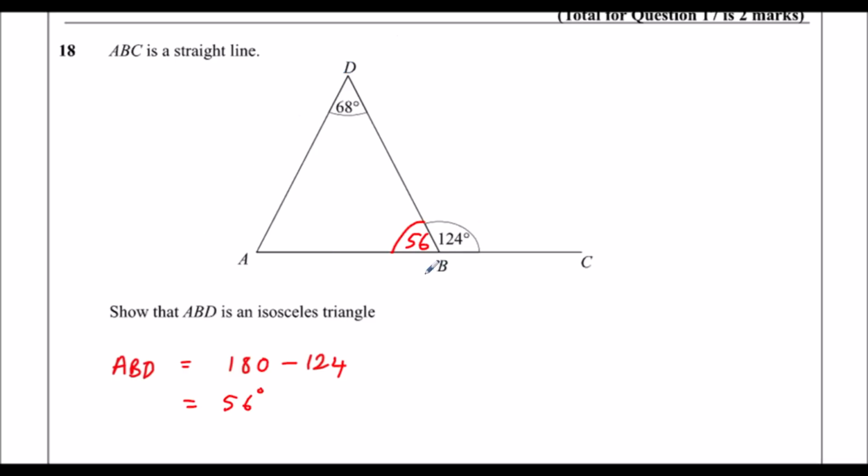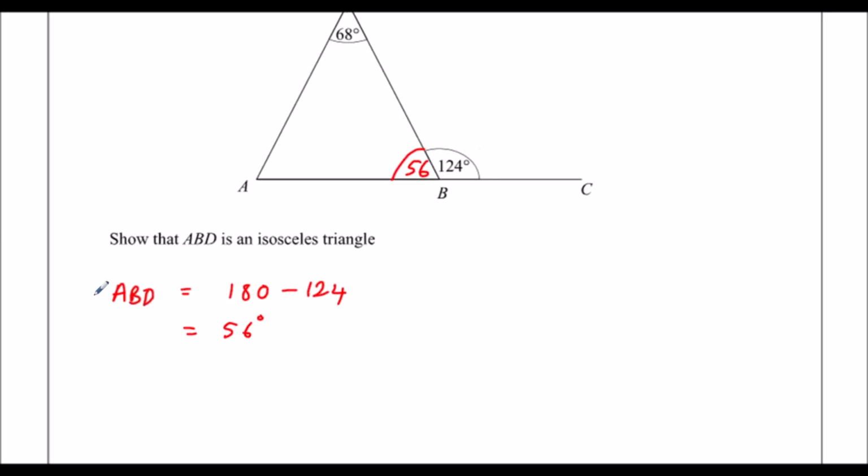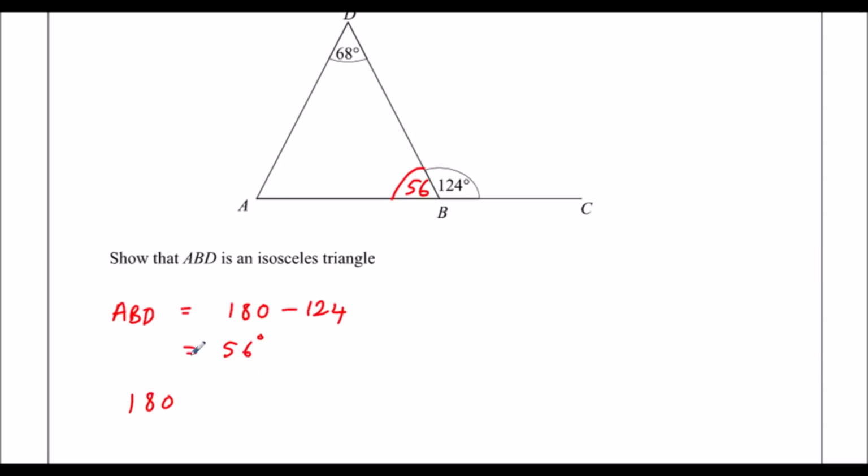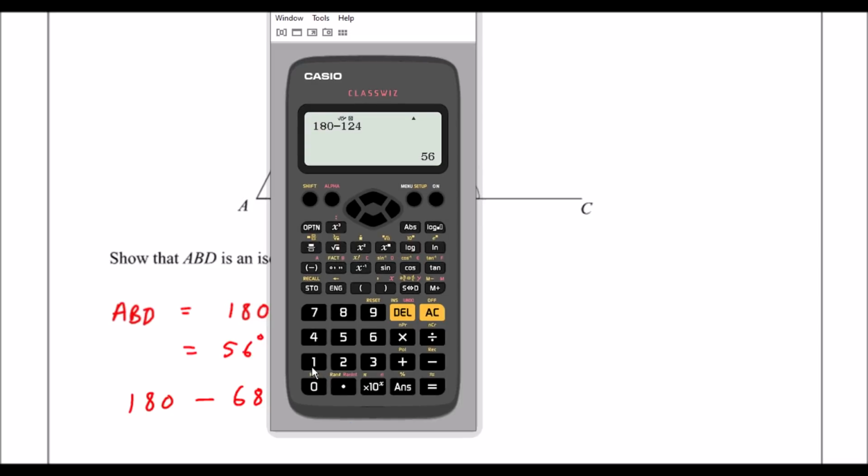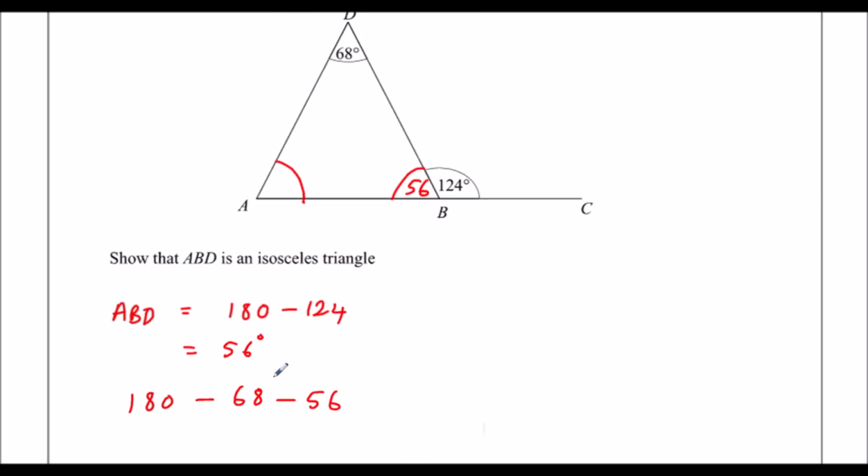Then we can use angles in a triangle. Angles in a triangle add up to 180. So if we take away the 68 and take away the 56, we'll find our missing angle. So 180 take away 68 and take away 56 is 56.